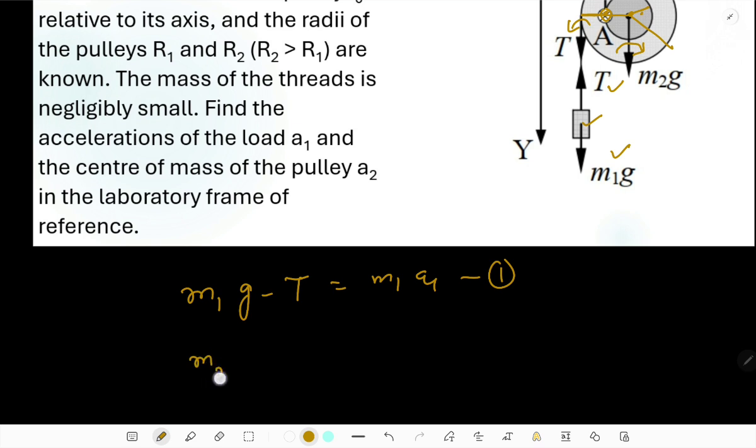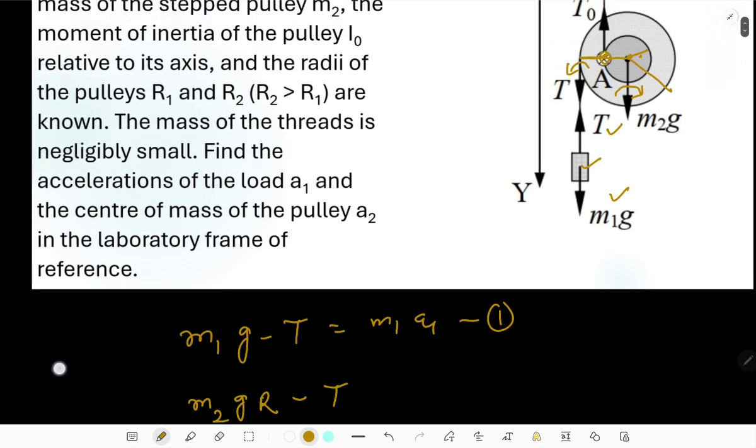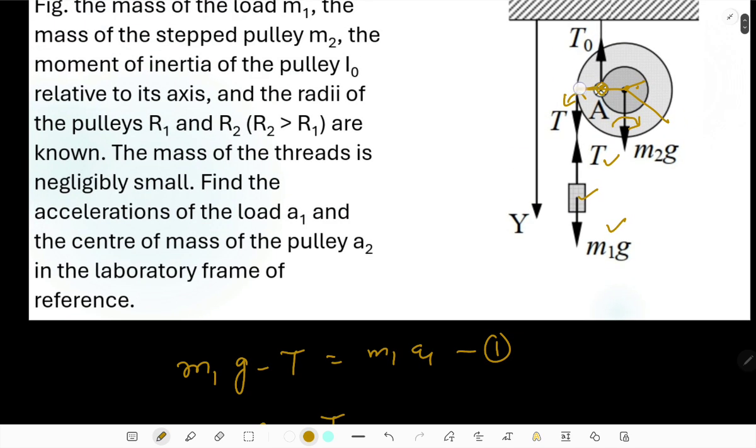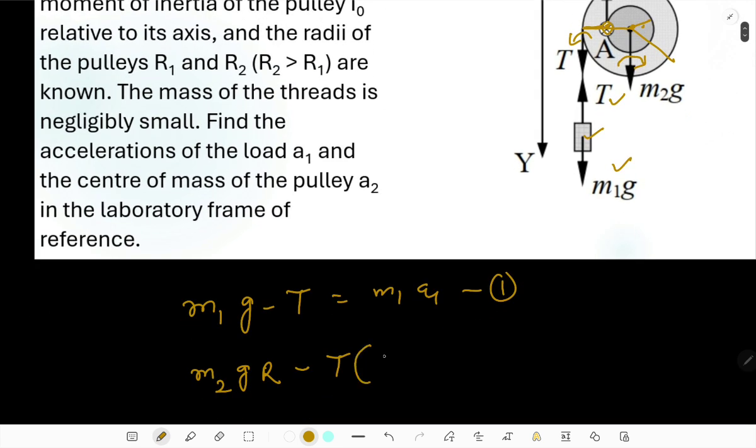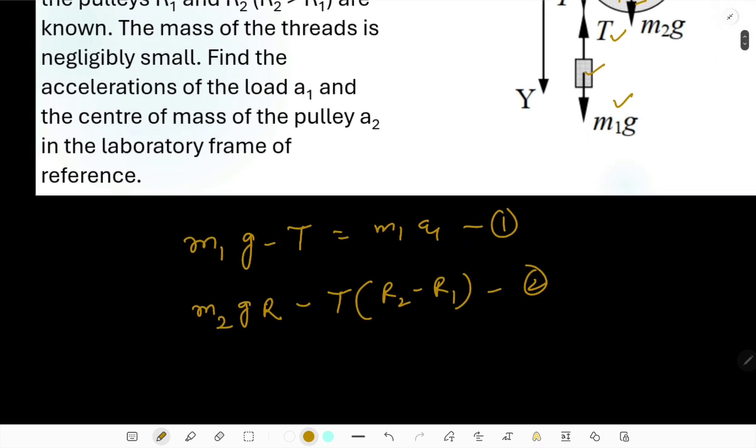Simply, I can write the torque of the weight as m2g multiplied by r, minus the torque of the tension. This distance is simply r2 minus r1, so the torque of tension is T(r2 - r1). This is my equation number 1.